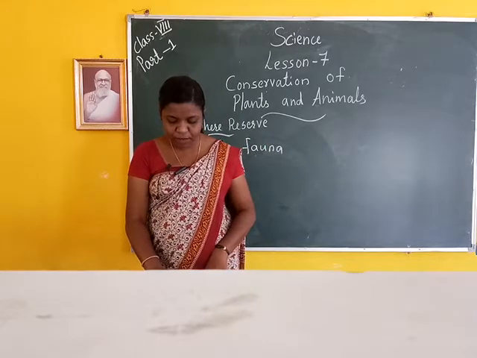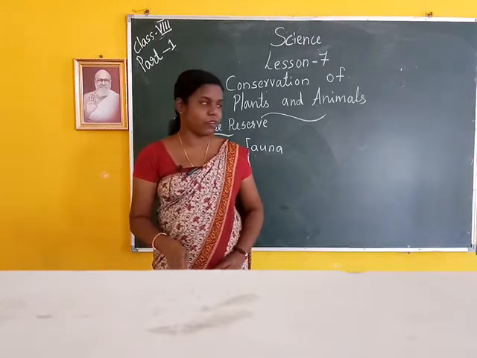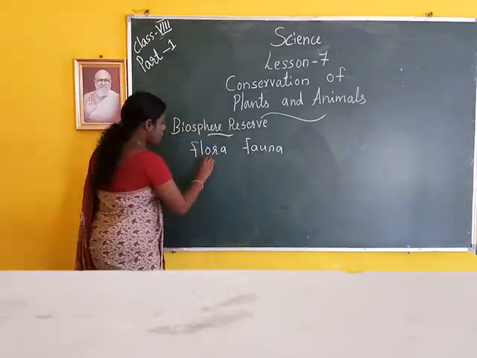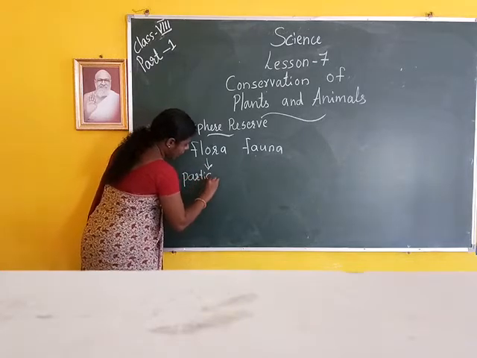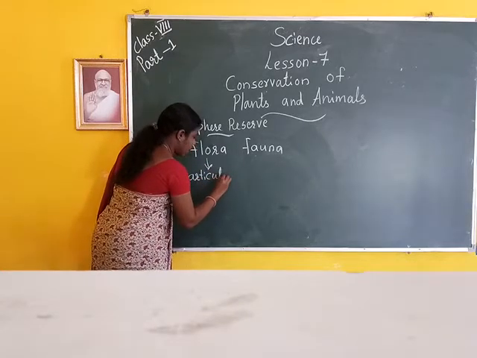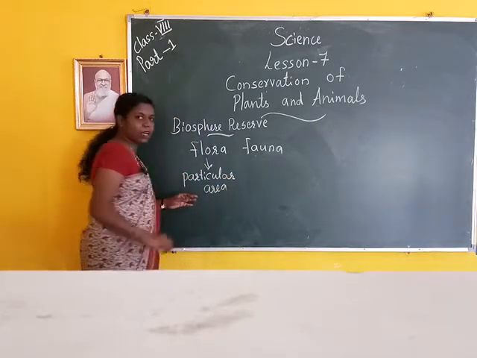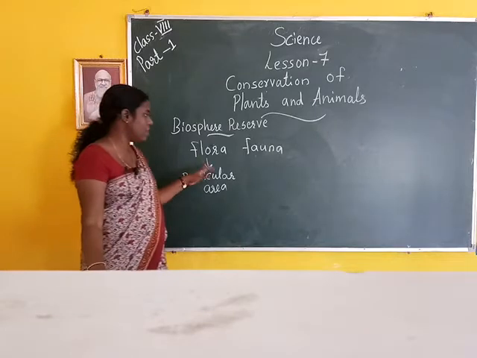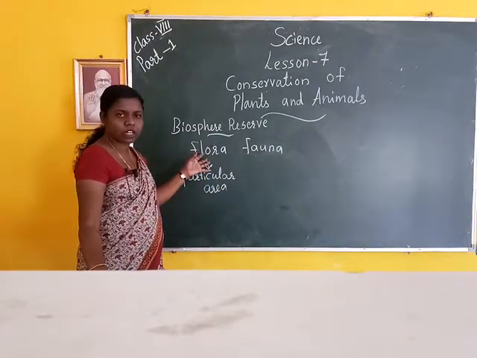The plants and animals of a particular area are known as flora. That means some plants and animals are only seen in a particular area. This type of species is called flora.